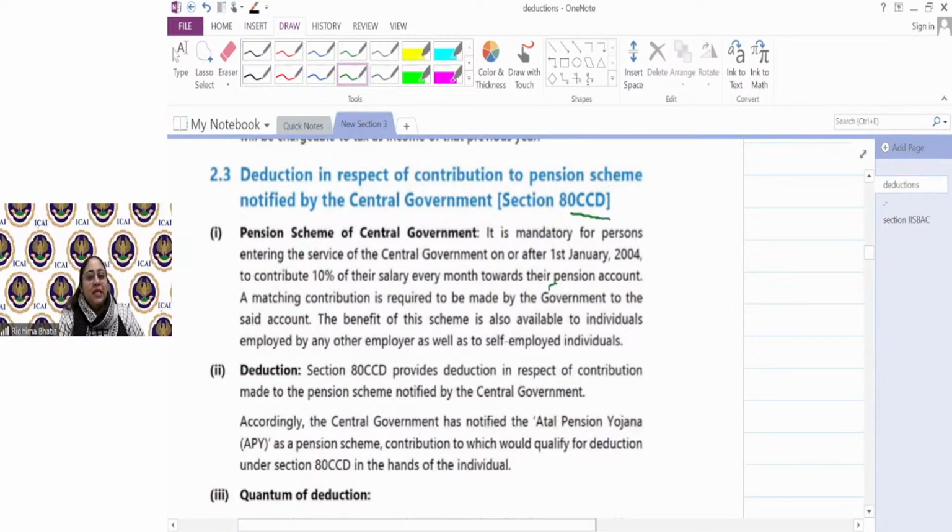Now, guys, what is 80CCD? Why do we all run for government jobs? Because the retirement benefits are very attractive, because there is a pension, correct? If you're working in the private sector, there is no chance of receiving a pension from an employer. So the government made a scheme public for all from 2014 onwards. Basically, this is a scheme called NPS, National Pension Scheme, or Atal Pension Yojana.